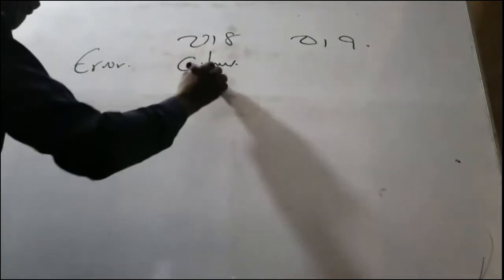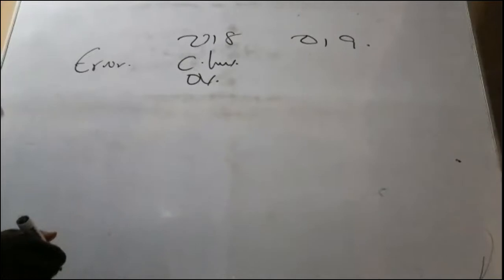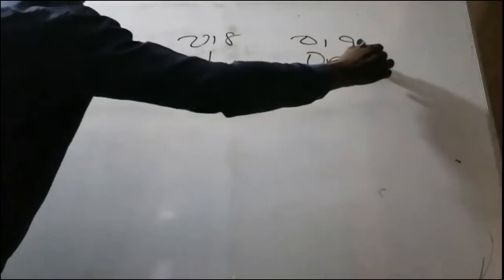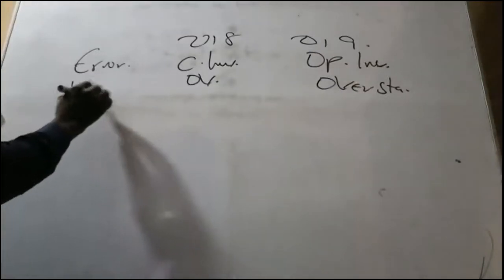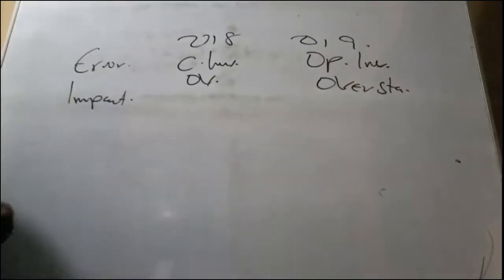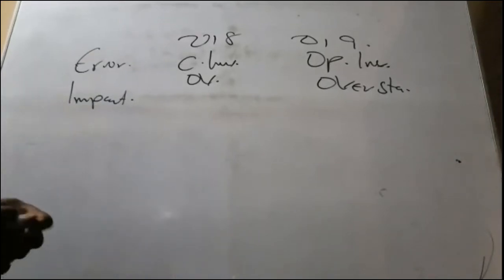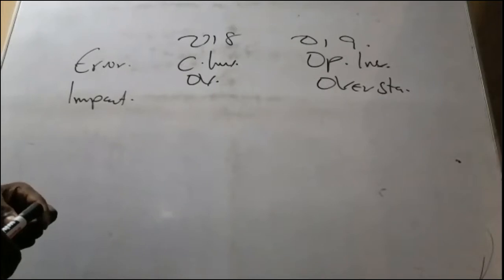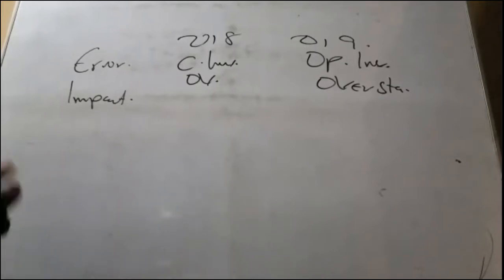So in 2018 and 2019, in 2018, the error was that closing inventory has been overstated. In 2019, it was opening inventory, which has been what? Overstated. Now, what's the impact? If you overstate your inventory, what's happened to your cost of sales? So that means more has been subtracted.